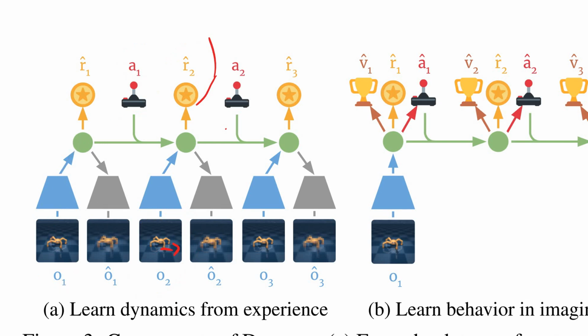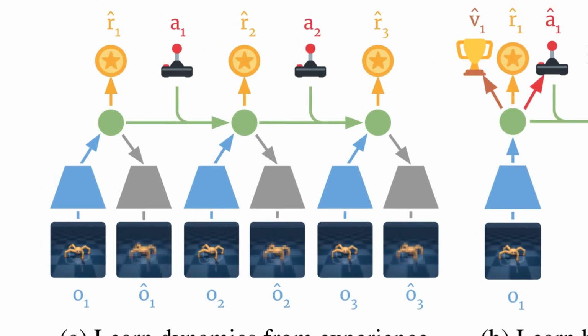The goal of this paper now is to do this by learning to sort of plan ahead in this latent space. As you can see here, the way they do it is they take the observation and feed it through an encoder.